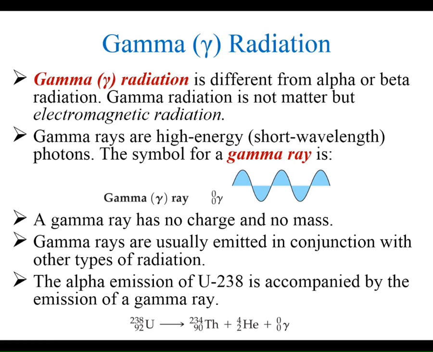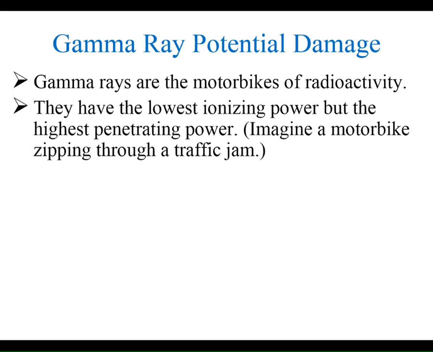Okay, well, gammas have no real mass, right? So if they smack into you, they're not going to be nearly as damaging. So they have the lowest ionizing power, because they're super, super tiny. But they're so tiny, they can just sneak right through your clothes, right through the wall, and reach you really easily. So they have the highest penetrating power.